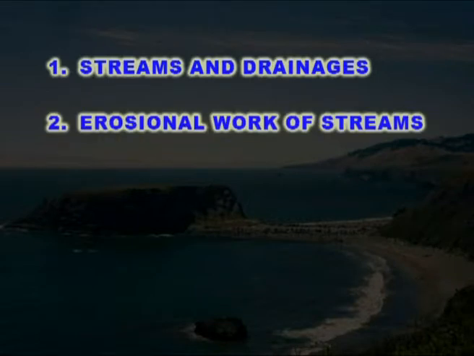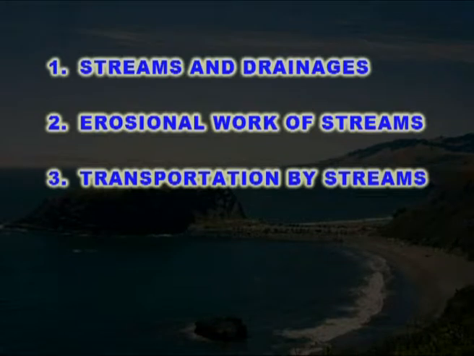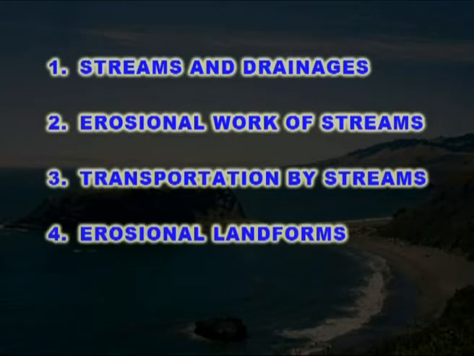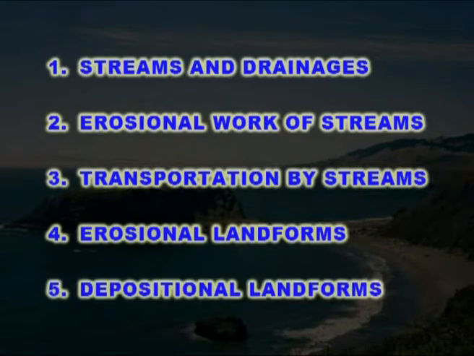Understanding of the fluvial geomorphic process is an essential aspect in physical geography. Hence, the following aspects are highlighted in this section: streams and drainages, erosional work of streams, transportation by streams, erosional landforms and depositional landforms.